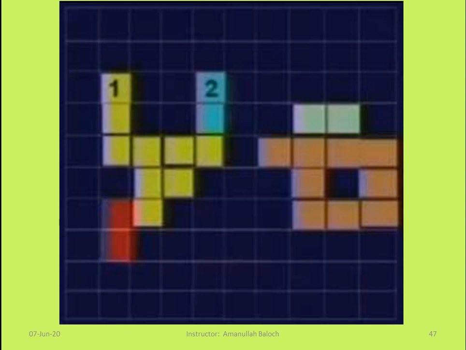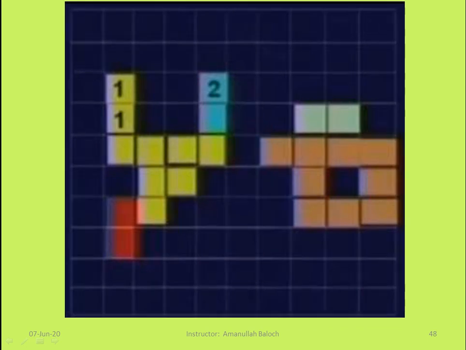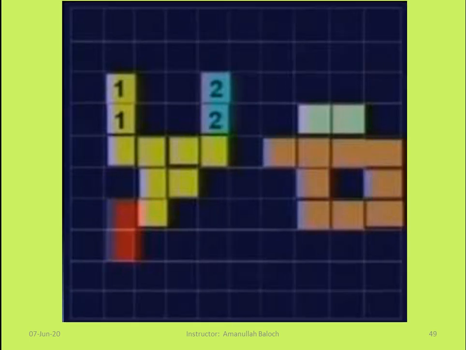So if the label value of this pixel is 1, then this is 4 adjacent. This pixel will also have 1, that is, these two pixels belong to the same component. Then there is a gap, and this pixel belongs with this pixel, and these two pixels will also belong to the same component, so we will label this pixel as 2.